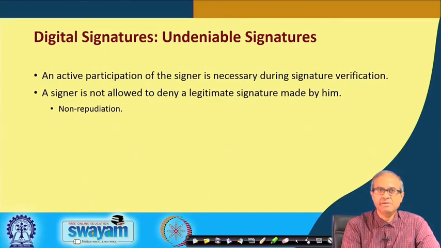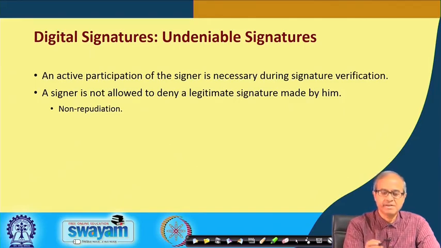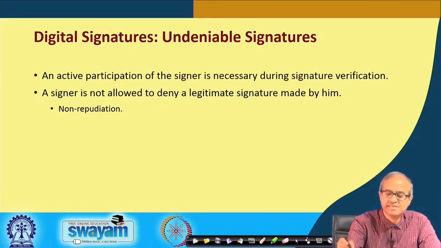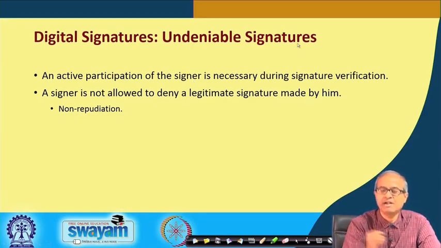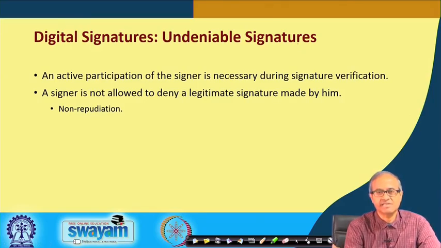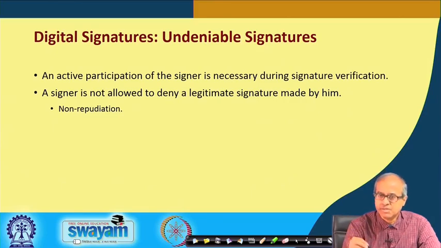Well, undeniable signature, this I have mentioned earlier also. Let me repeat. Here an active participation of the signer is necessary during signature verification. This is another scheme called undeniable signature. So, during the signature verification process, the person who has signed, that person's participation is also required.